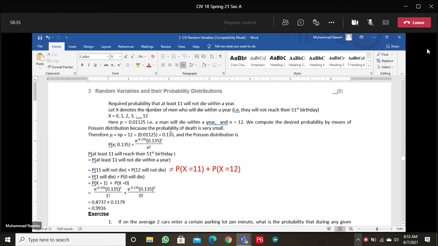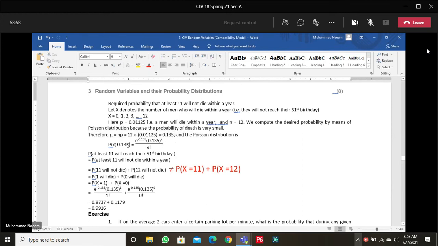As P is less than 0.05, we prefer Poisson. Therefore, mu is equal to 0.135. This is the formula.